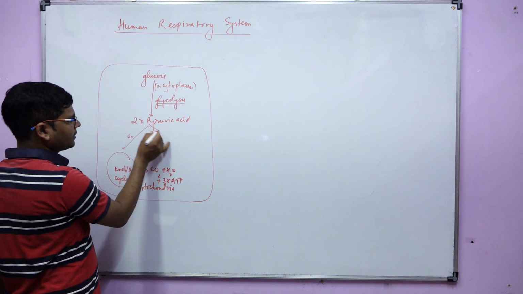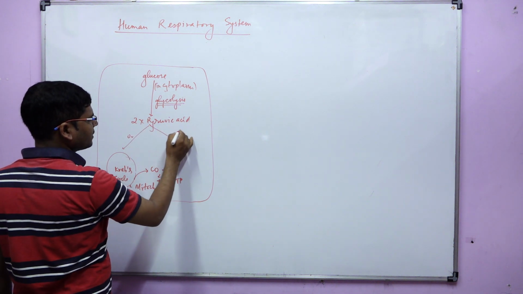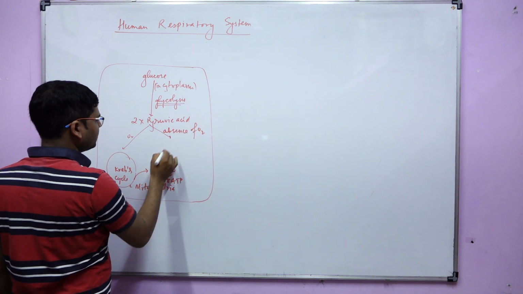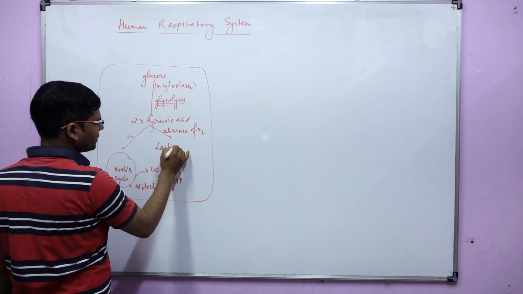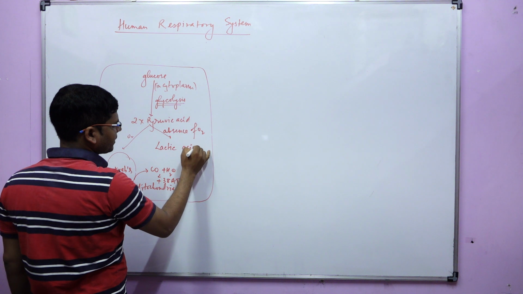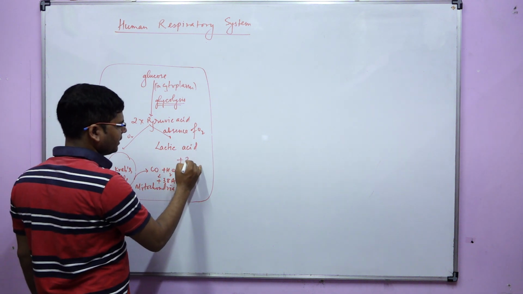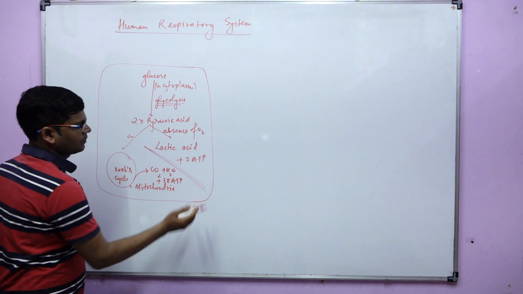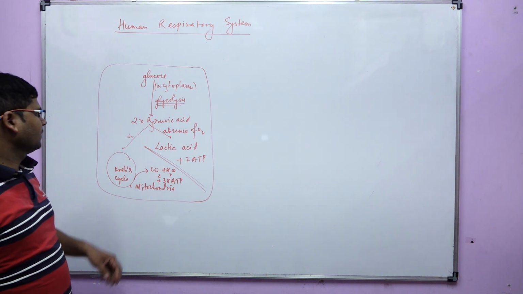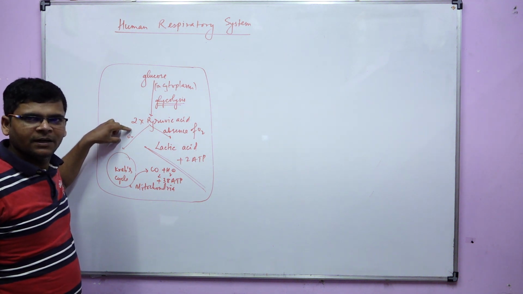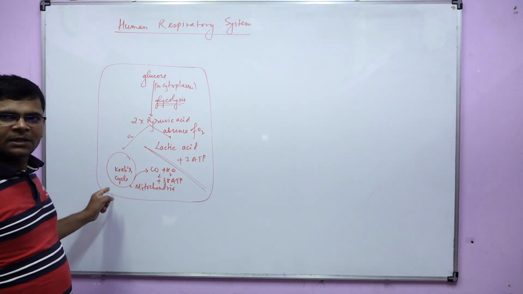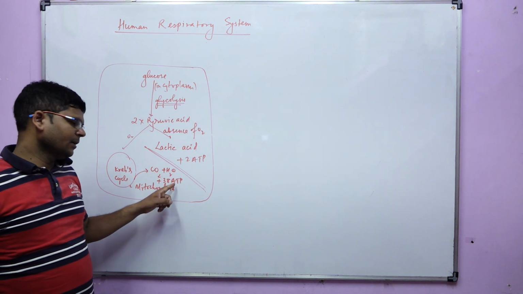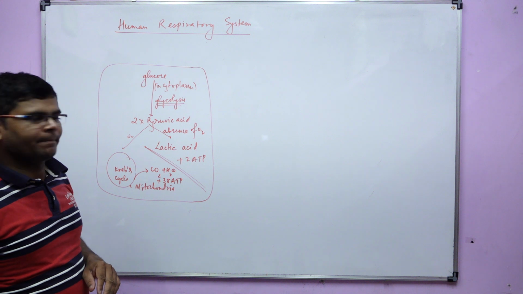But in the absence of oxygen, our cells start producing lactic acid, and hardly 2 ATP of energy is released. So if oxygen is available, in aerobic respiration, the Krebs cycle takes place in the mitochondria and releases carbon dioxide, water and 38 ATP.